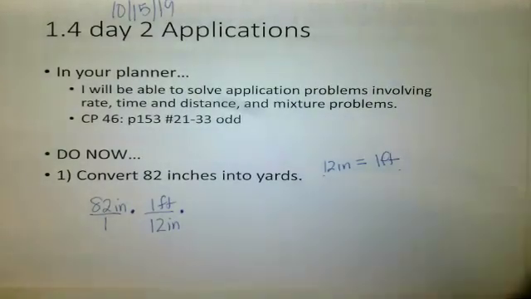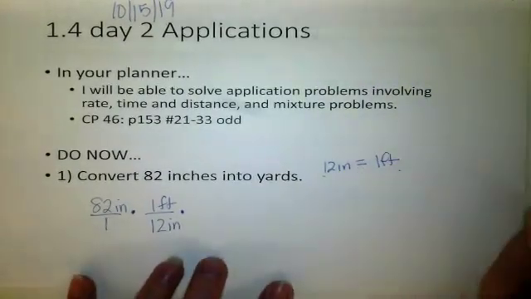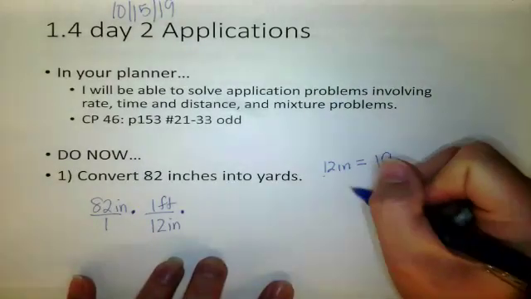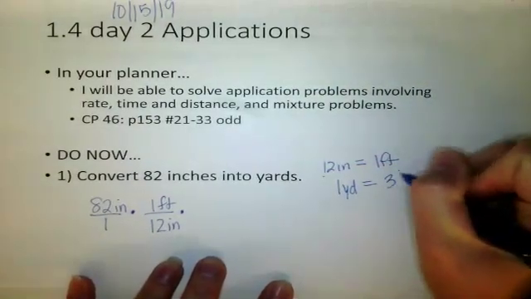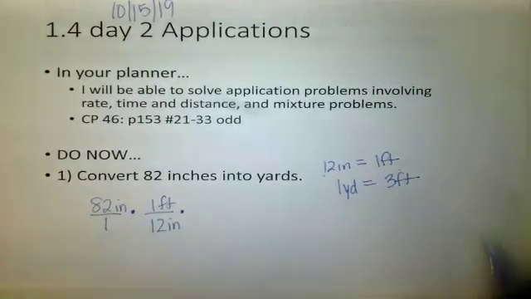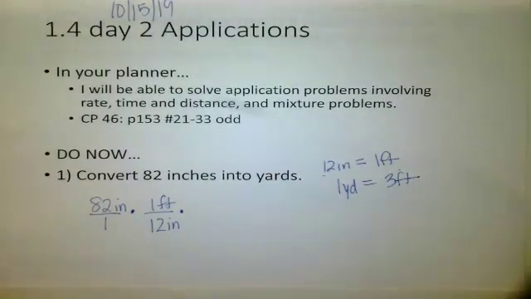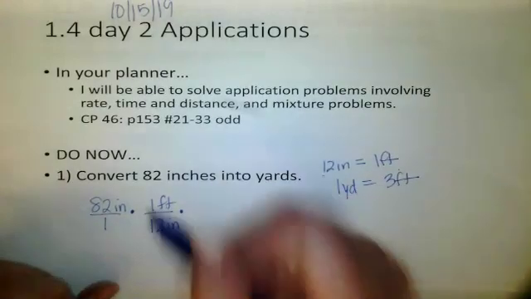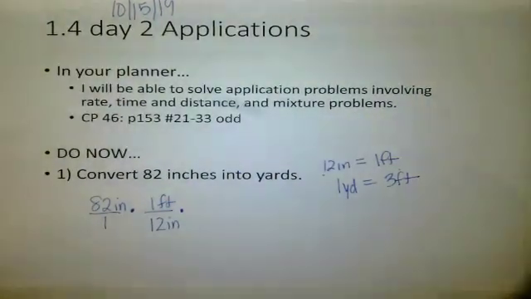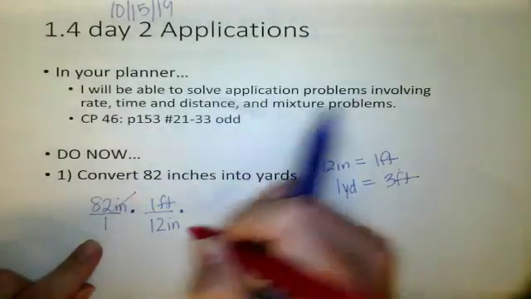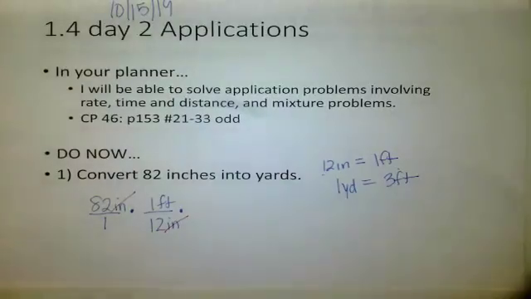So, and then Noelle said that 1 yard is equal to 3 feet. And so we can do the same thing because now what happens is when we multiply our fractions, when we have inches on top and inches on bottom, they cancel one another out. And so now I need to cancel out my feet and turn them into yards.